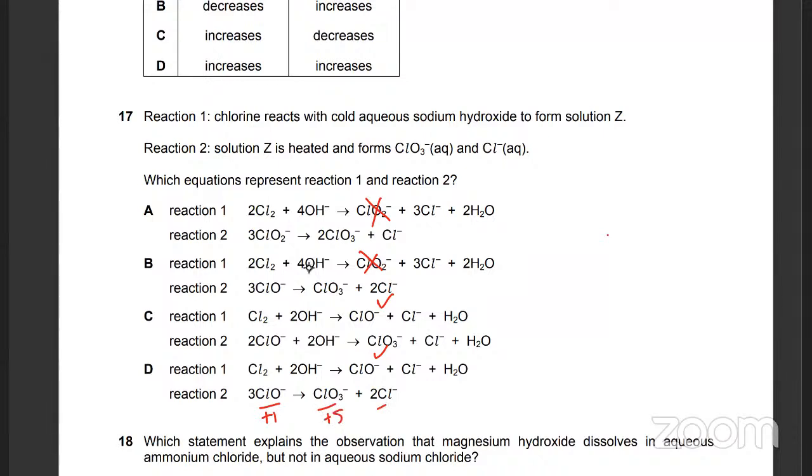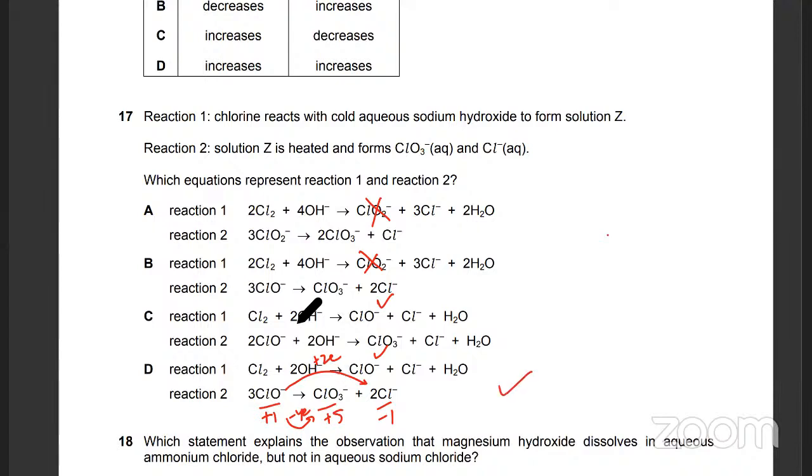And this is -1. So if I try to balance this equation, this goes from +1 to +5, so it lost 4 electrons. And the same Cl goes to -1, that means it gained 2 electrons, and that needs to be multiplied by 2. So the equation is perfectly balanced. So D is, I think, correct.